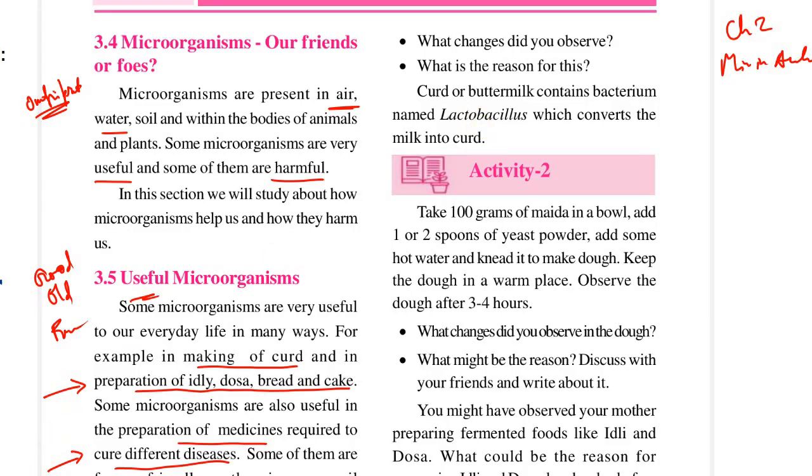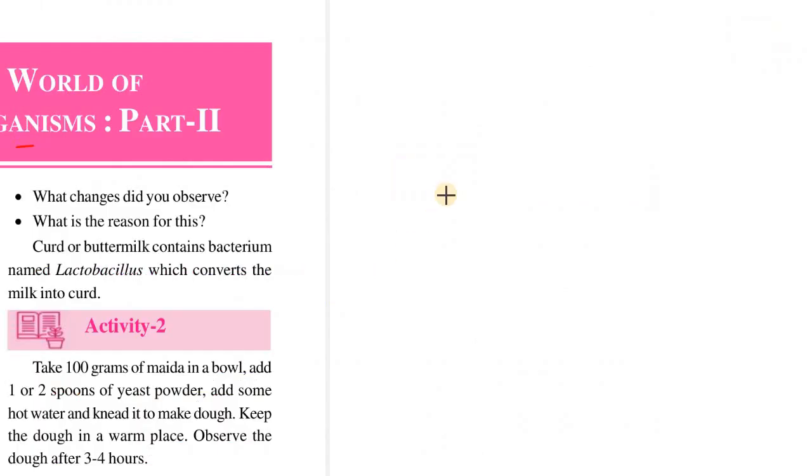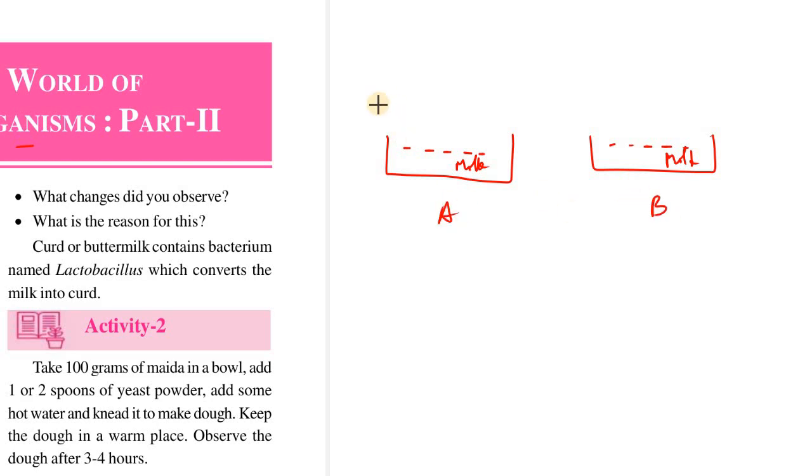Now, what is the reason for this? You see, the reason is simple. We have the two bowls with milk in it. Now what has happened is that when in the two bowls, say bowl A and bowl B, you introduced some of the curd in it, you have to understand scientifically, there were small bacteria in it.